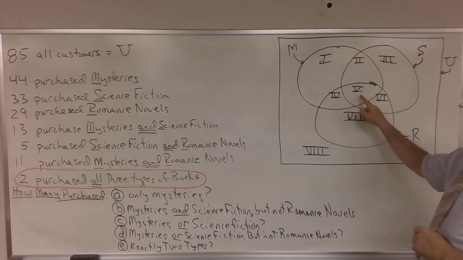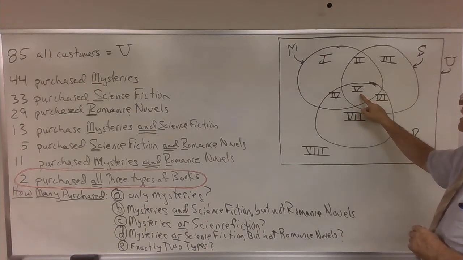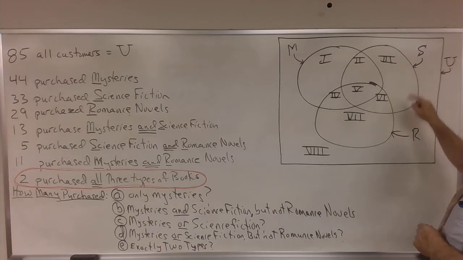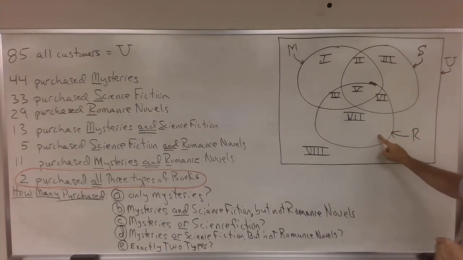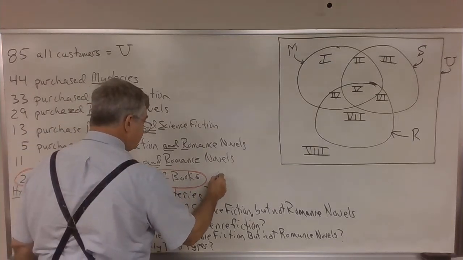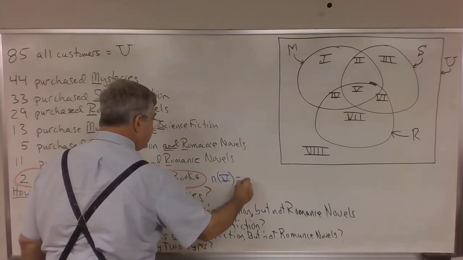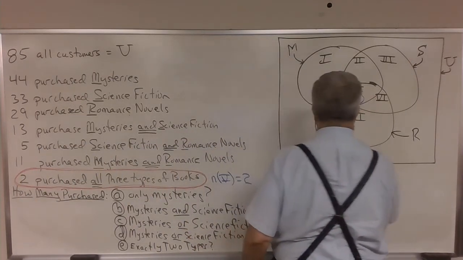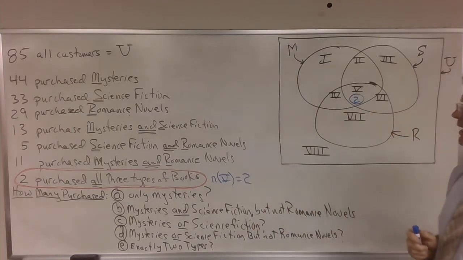What about this guy right here, 5? Region 5 is in the mystery circle. Region 5 is in the science fiction circle. Region 5 is in the romance circle. So these 2 people who purchased all 3 types of books, they're in region 5. So the number of people in region 5 is 2. That's the key that's going to help us unlock everything else.